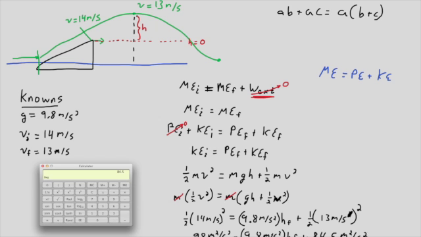So now this has the same set of units, this has the same set of units, so we can use that in order to continue solving the problem.